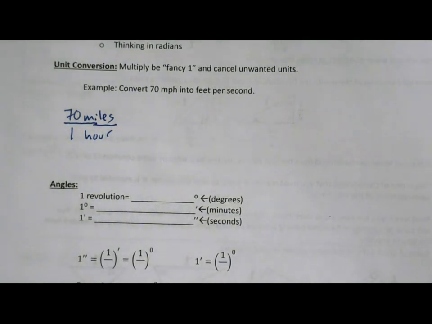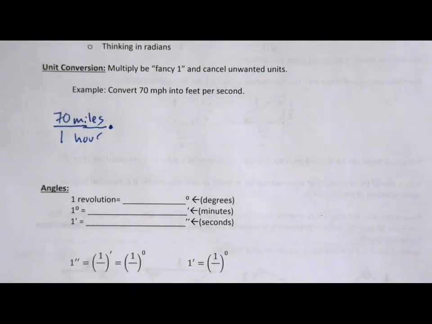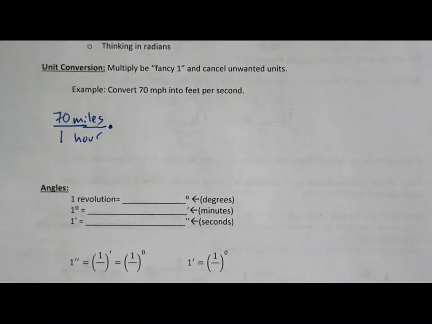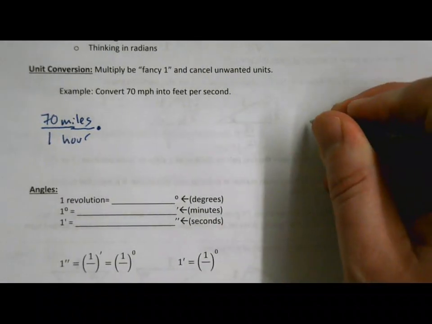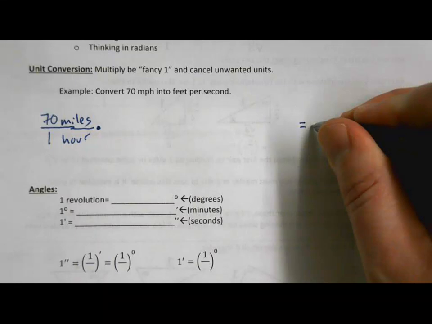And basically what I'm going to do is I'm going to multiply this fraction by a bunch of fancy ones. And at the end, I want my final units to be in feet per second.